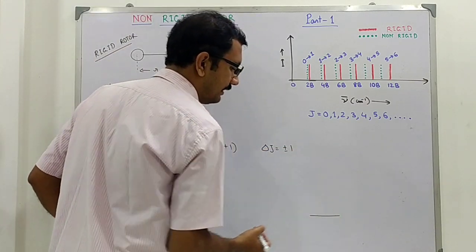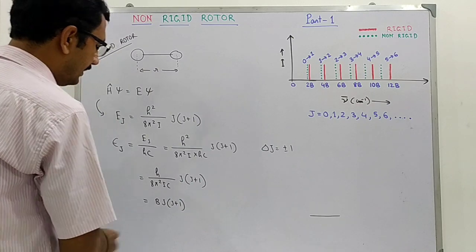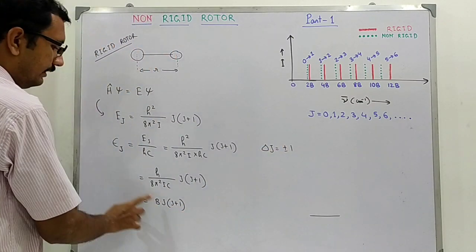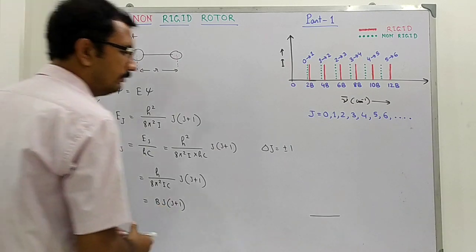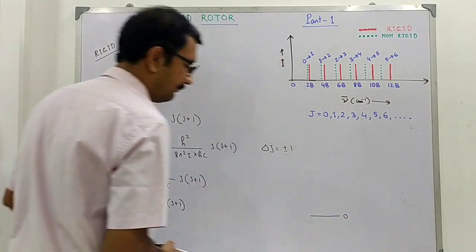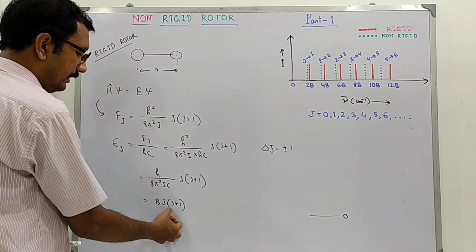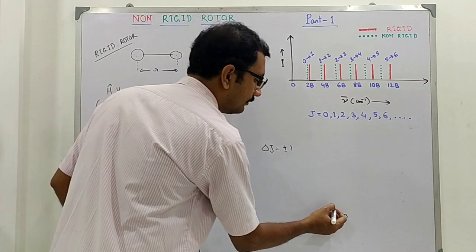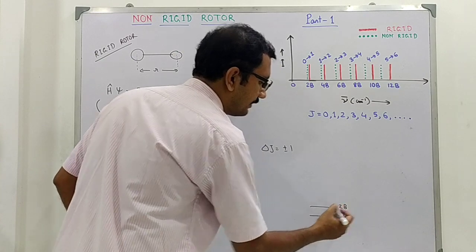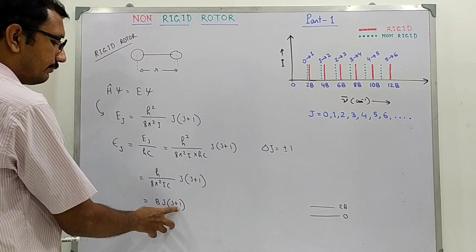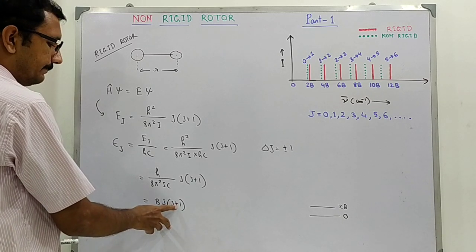Now first check the energy levels. Let us first put J equal to 0. So it will be the ground state, B into 0, so it will be 0. Then J equal to 1, so it will be 1 into 1 plus 1, 2B. This is the first excited state. Next value 2, so it will be 2 into 2 plus 1, so it is 6B.